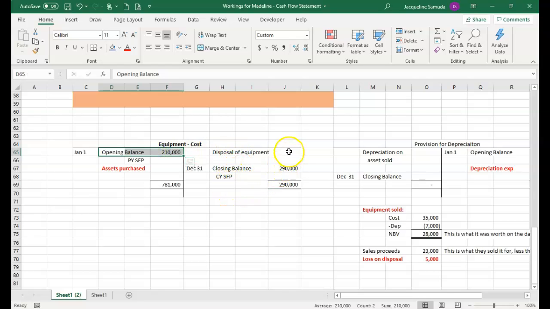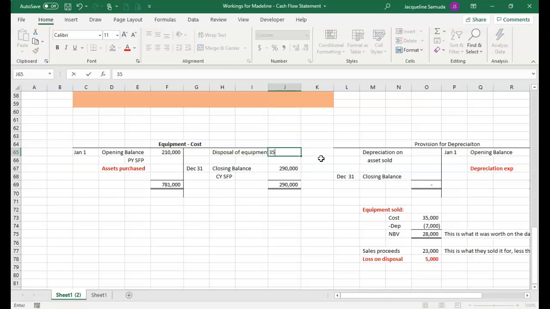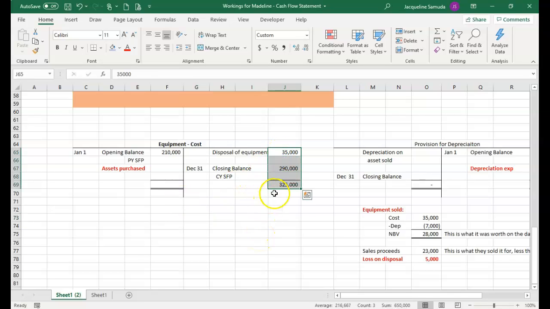So if you're going to get rid of that $35,000 asset, you have to do a credit to do that. Good. So our credit side is now complete. We have a total of $325,000.